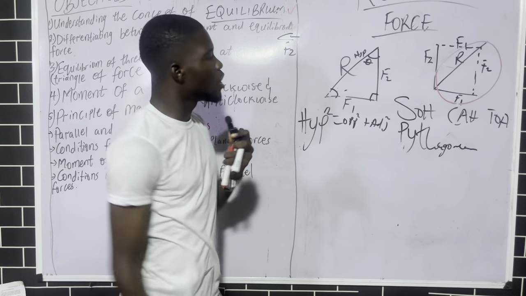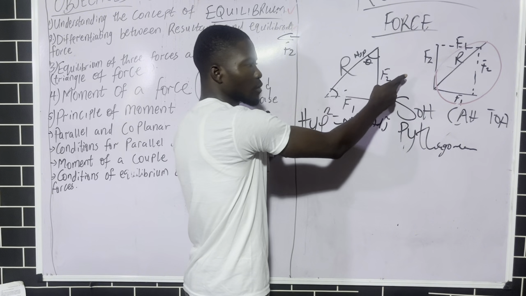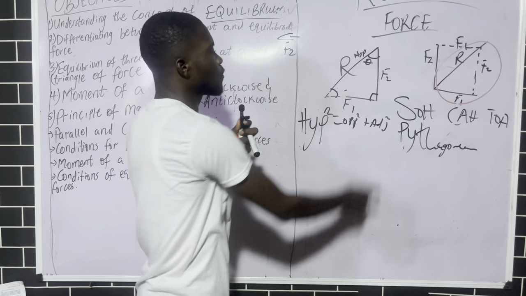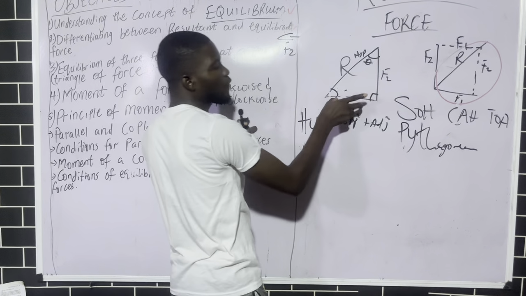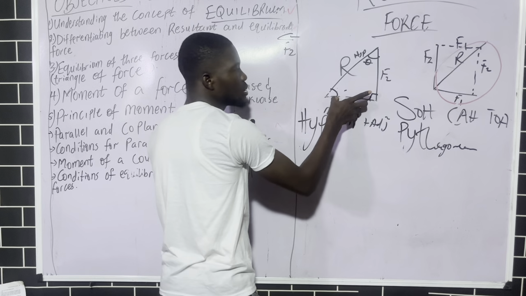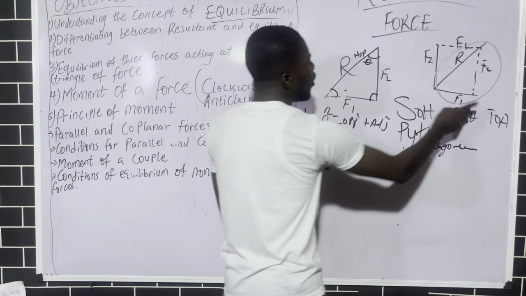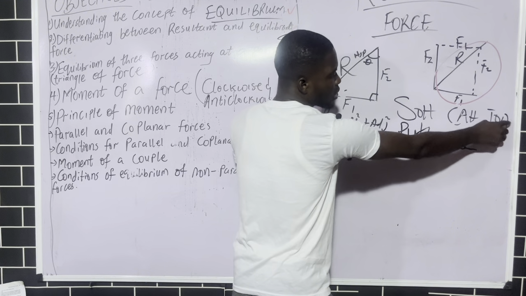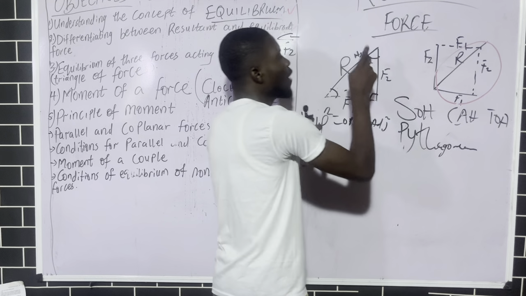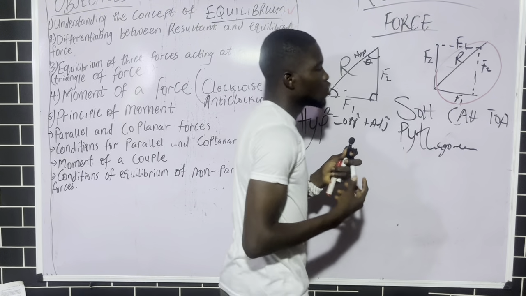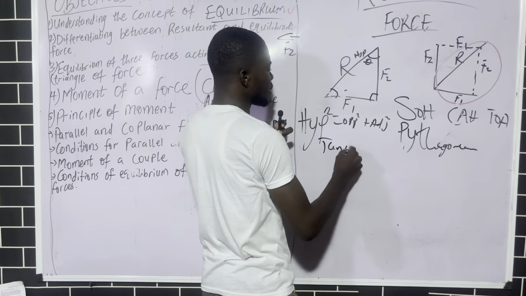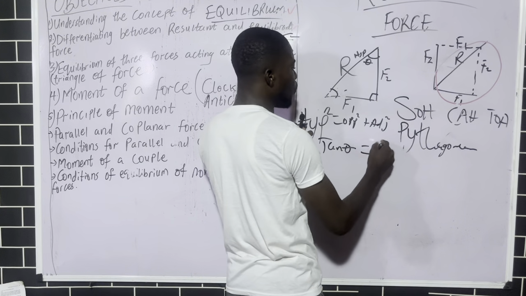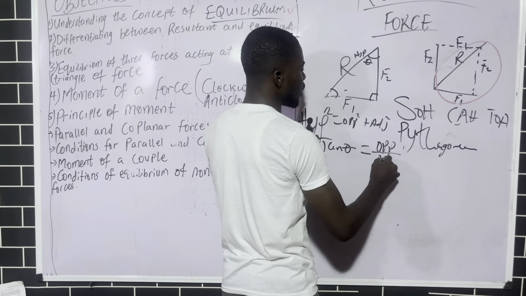Find theta. So if I'm given these two sides, these are the known sides, and I want to find theta. Since the side facing the angle is the opposite, this is my opposite and this is my adjacent. Among these, which one has opposite and adjacent? This is O and A. O means opposite, A means adjacent. So to find this angle, I will use tan. So I'll say tan theta is equal to opposite over adjacent.